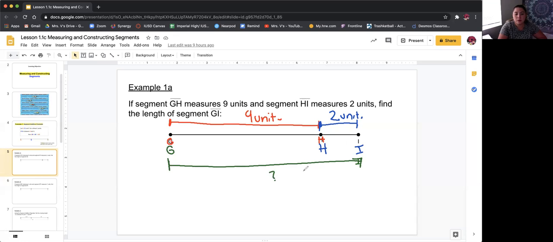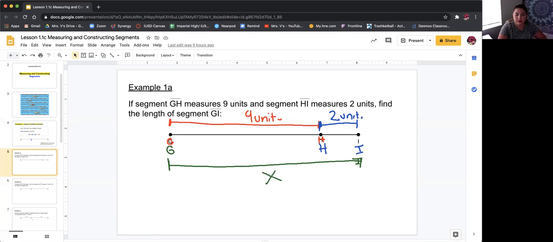Because we don't know what it is, from looking at it, we know we can add the 2 segments together. However, mathematically, we don't know what it is. And for us to apply the segment addition postulate, we're going to assign a variable. This is just to apply the segment addition postulate.